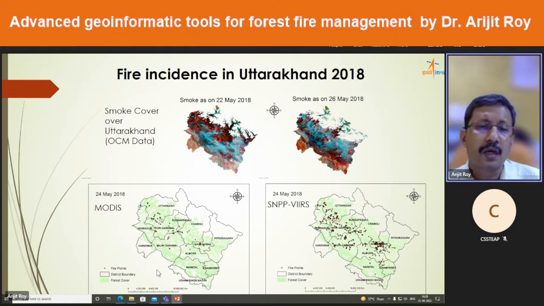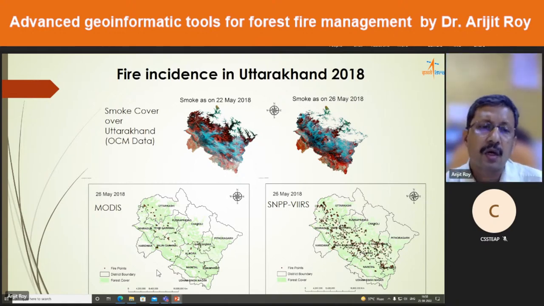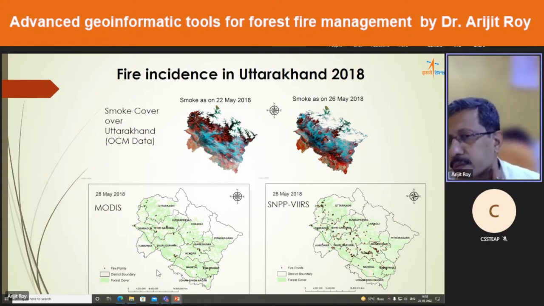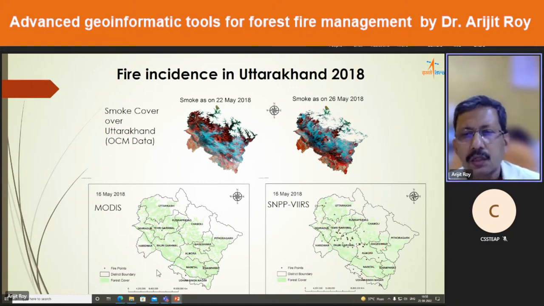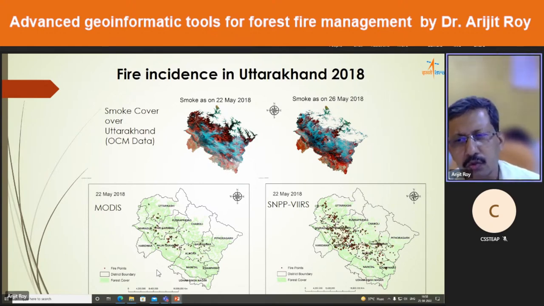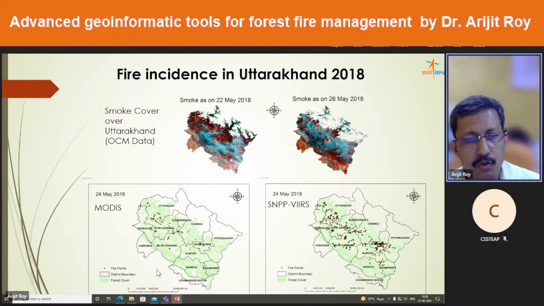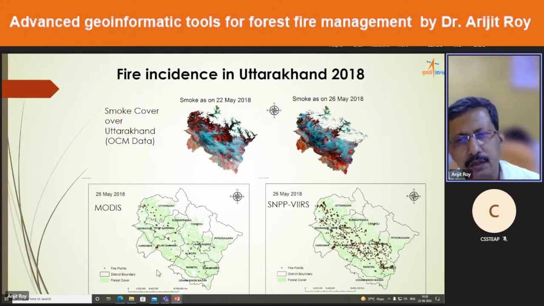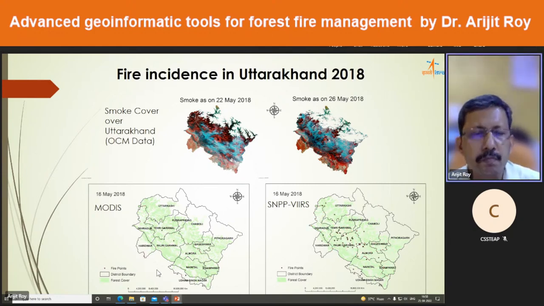But in this slide, I am just displaying how MODIS fires and SNPP-VIIRS fires are detected using the two sensors. Since SNPP-VIIRS has a higher resolution, smaller fires can also be picked up. So the number of fires you see in SNPP-VIIRS, on the right side, is much higher than that of MODIS, basically because of the resolution of the satellite.